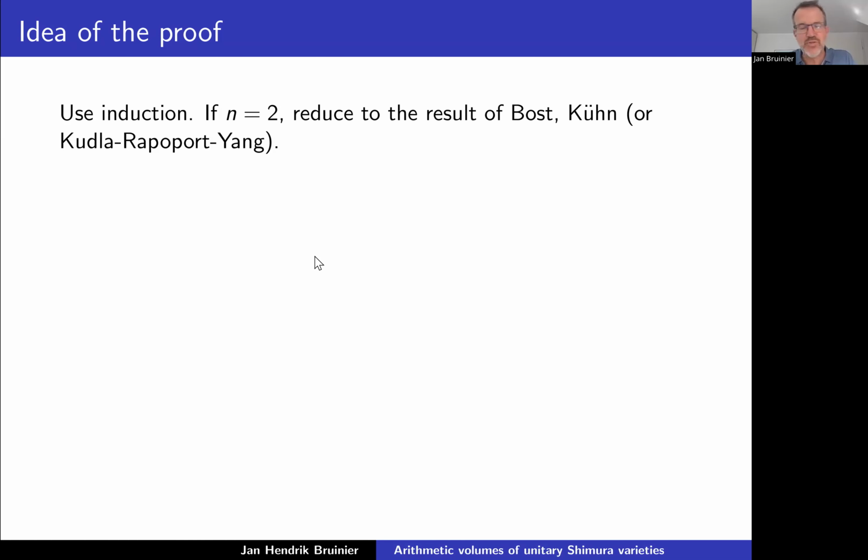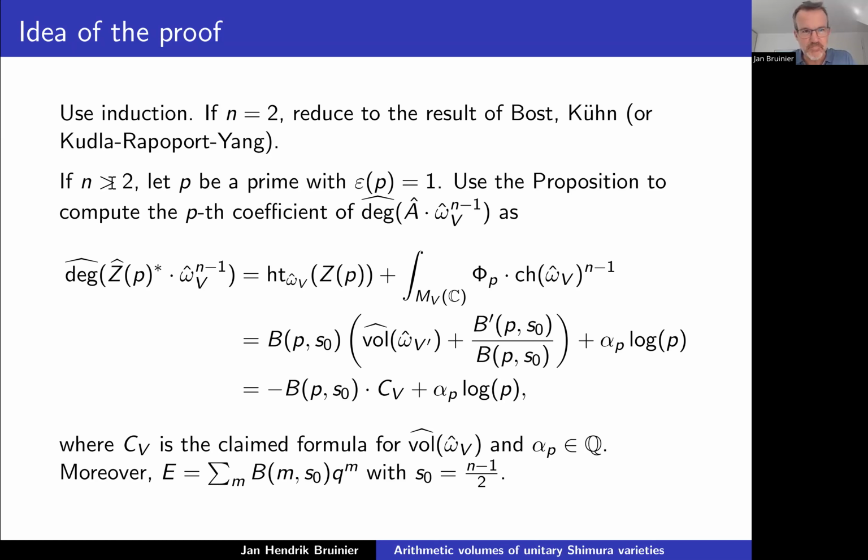How do we do the induction step? We assume now that n is bigger than 2. And now we look at a prime p which is split in the imaginary quadratic field K. In this case, we know that the Kudla-Rapoport divisor Z_p was essentially the unitary Shimura variety in dimension one less. And this is what we try to use.